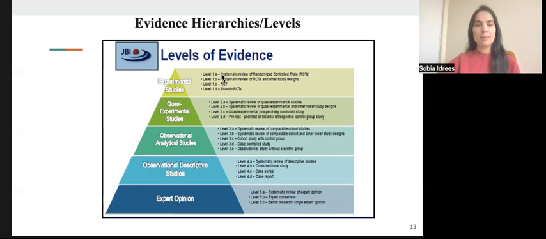Now you see details next to each level of the hierarchies. This is just the extension or explanation of each level of studies that is written here. You will learn the details of each level of hierarchies or the studies mentioned on each level throughout your course, so don't worry about that.